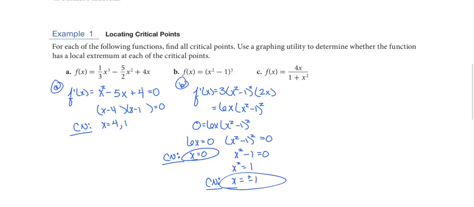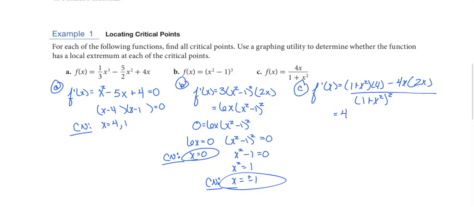And then we're going to do the same thing for part C. This is going to be a quotient rule. Quotient rule says it's the bottom times the derivative of the top minus the top times the derivative of the bottom, all over the bottom squared. So let's clean this up. We have 4 plus 4x squared minus 8x squared all over 1 plus x squared quantity squared.